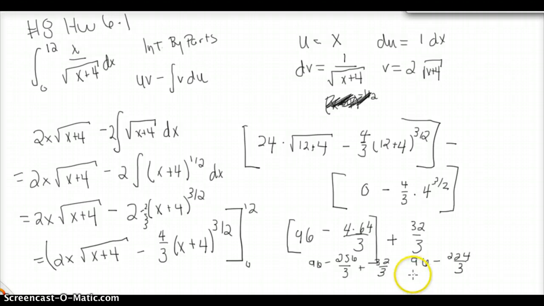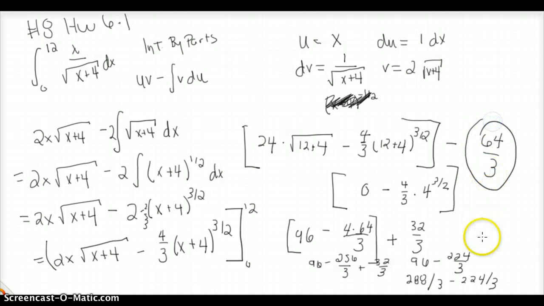We convert 96 back into thirds, and we come out with 288 thirds minus 224 thirds, which should then come out to 64 thirds as your answer.